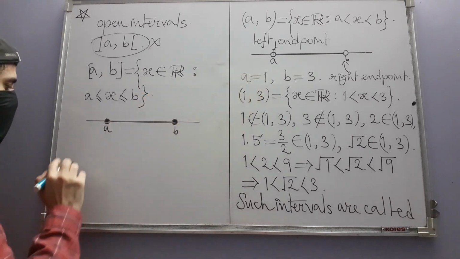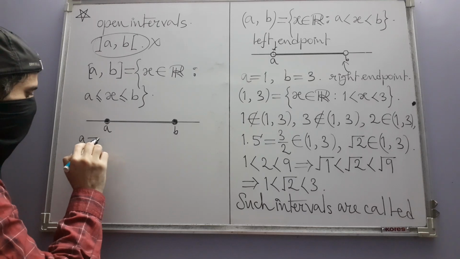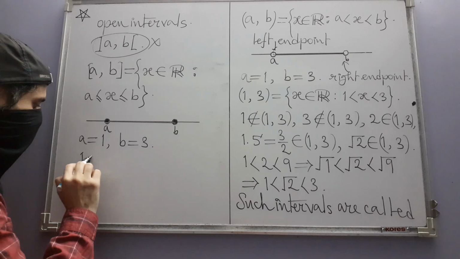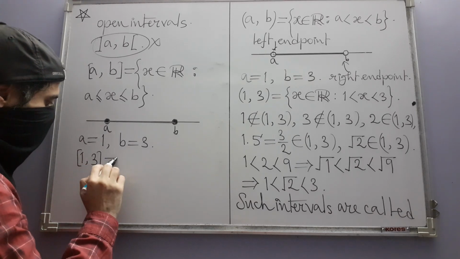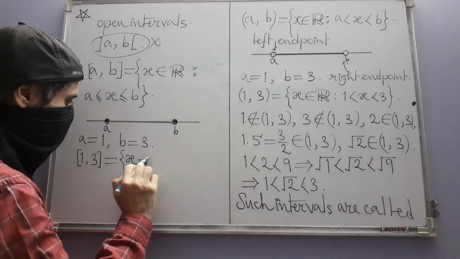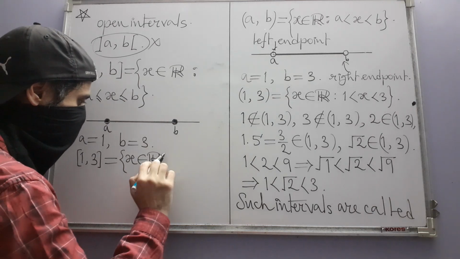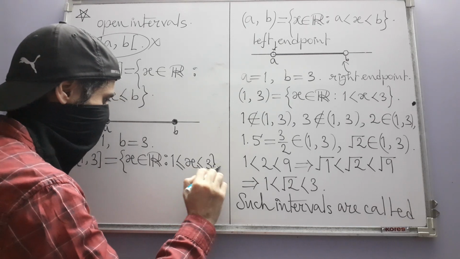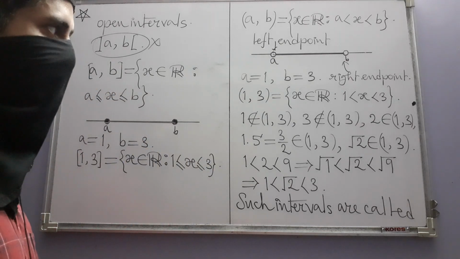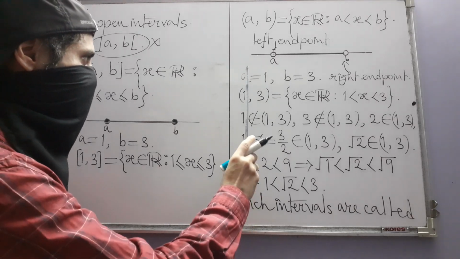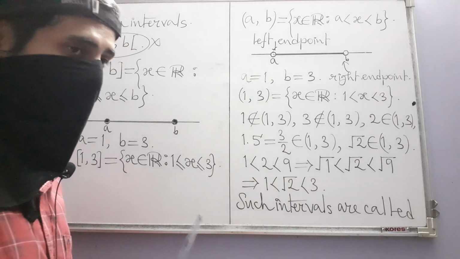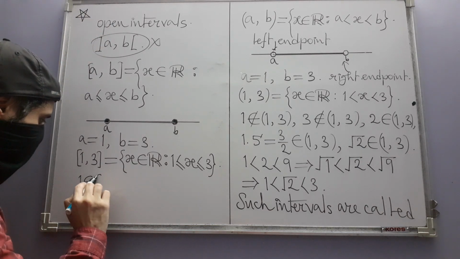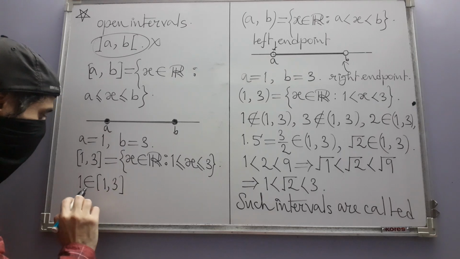So if we take these same numbers, A equal to 1 and B equal to 3, this time this interval is this set, this subset of the set of real numbers. The difference though is that neither 1 nor 3 belonged to the open interval 1, 3, but both 1 and 3 belong to the closed interval.